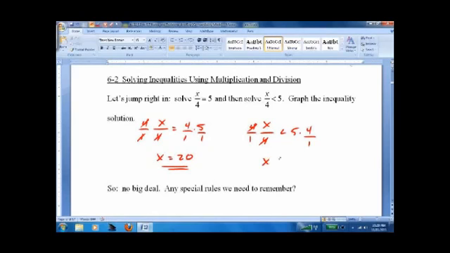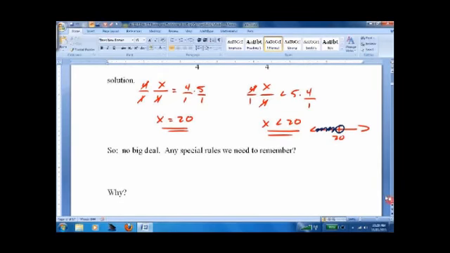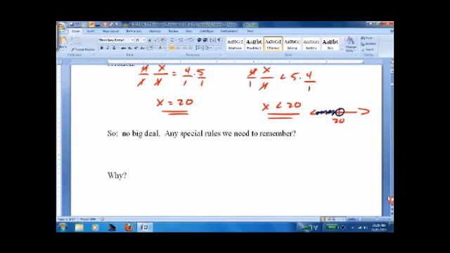You get x is less than 20. That's it. Going to graph it. Less than 20 is to the left. Open dot. Done.